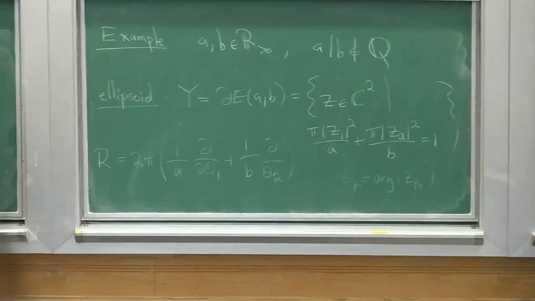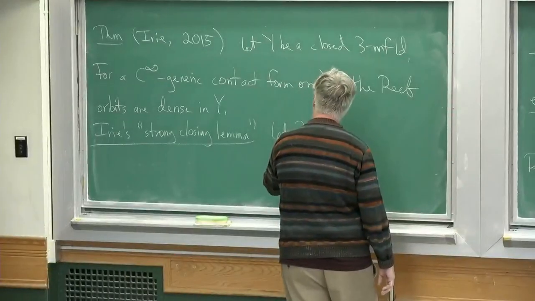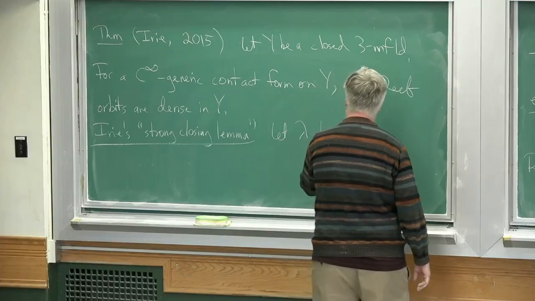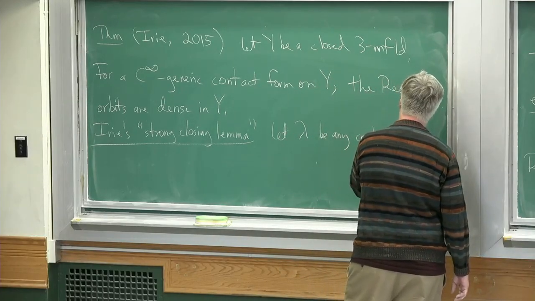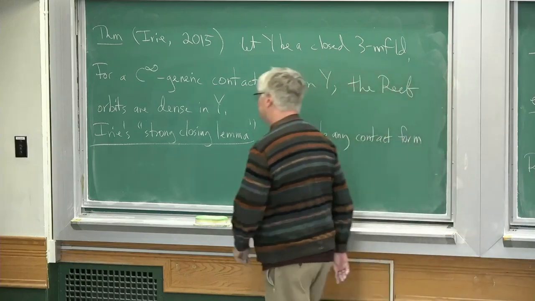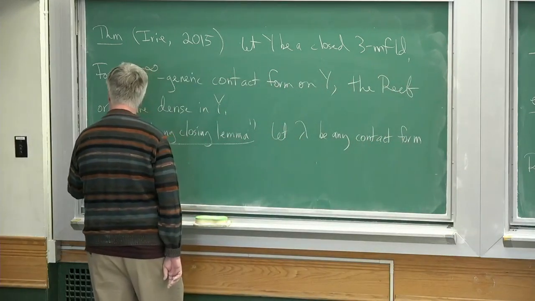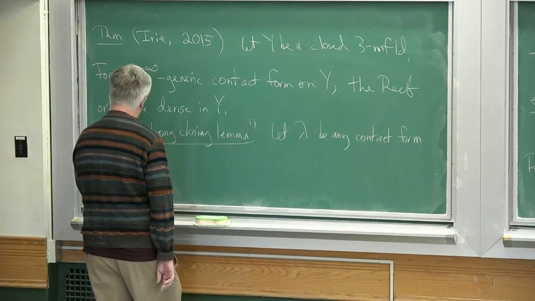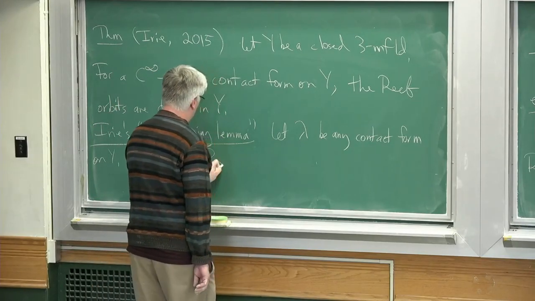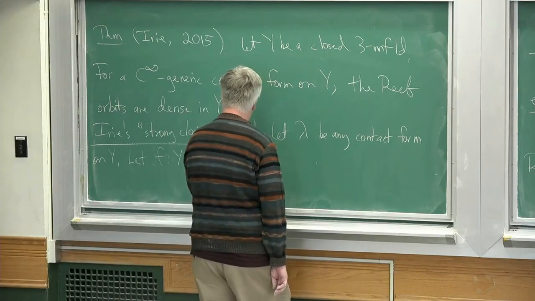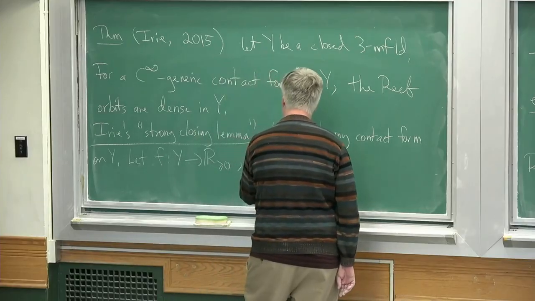Let lambda be any contact form in Y. Let f be a smooth function which is greater than or equal to 0, and it's not identically 0.